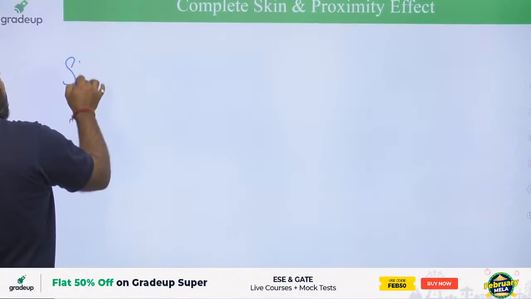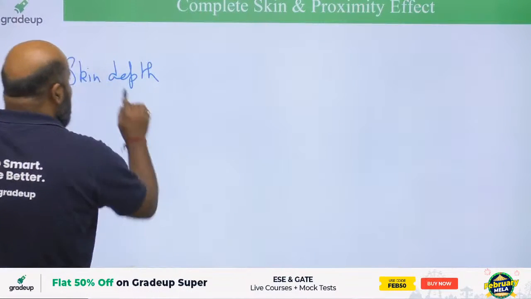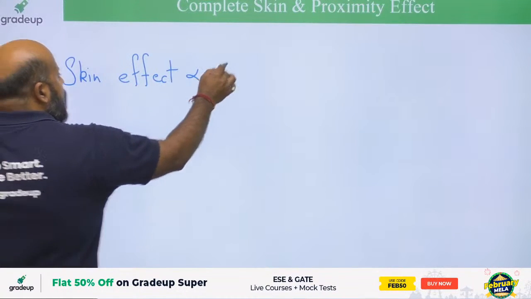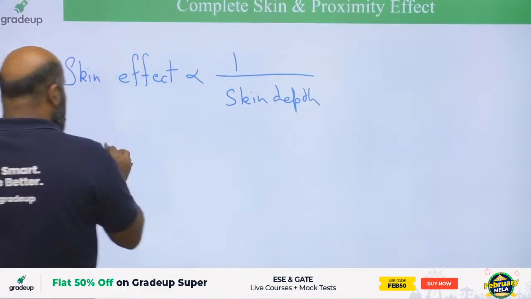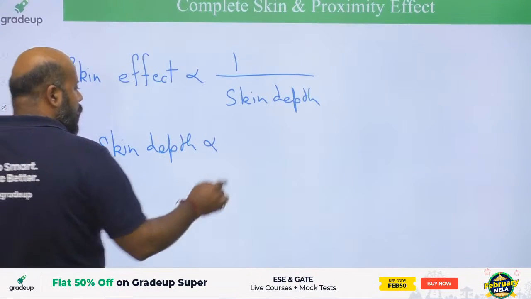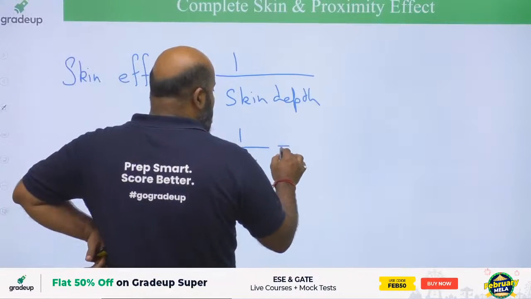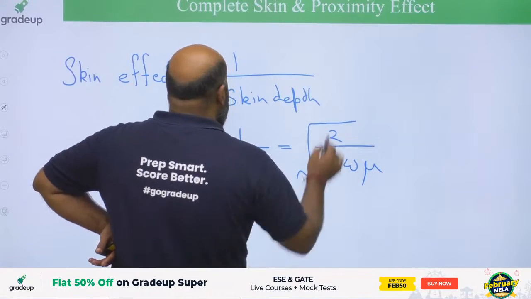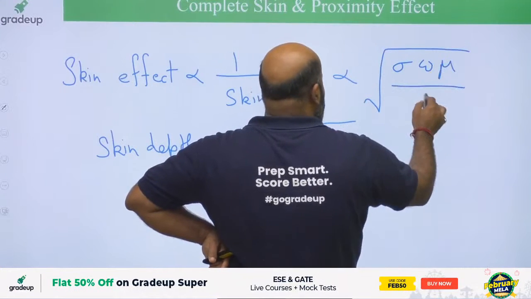Now you have defined the skin effect as inversely proportional to the skin depth, and skin depth you have defined as inversely proportional to alpha, that is the attenuation constant, which you can write as 2 upon sigma omega mu. So if you write it here, it is going to be sigma omega mu by 2.